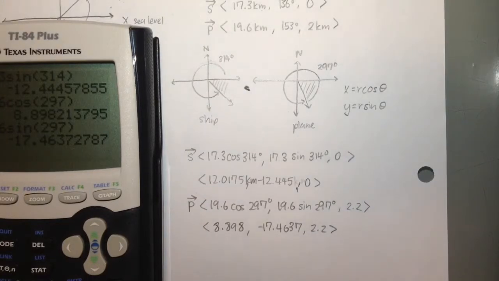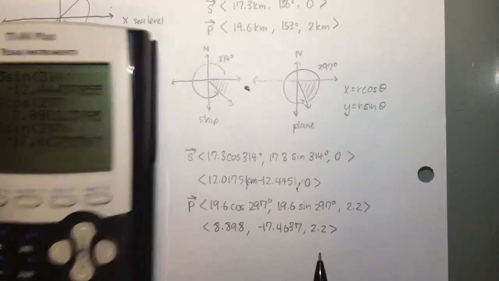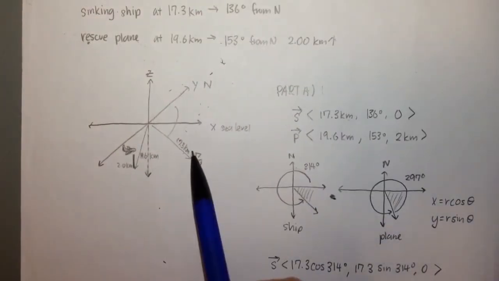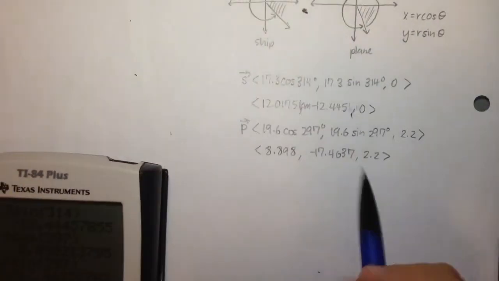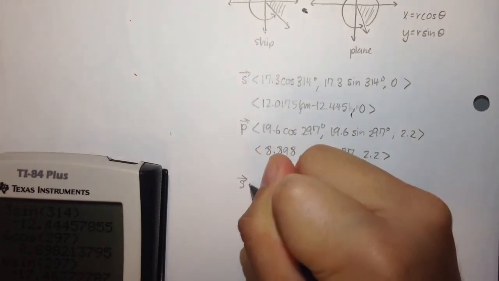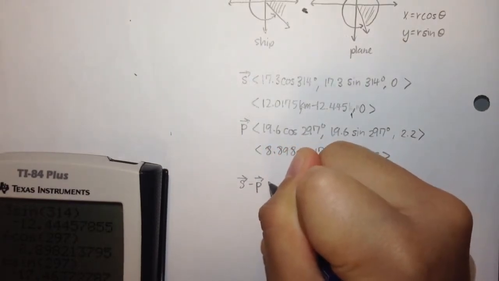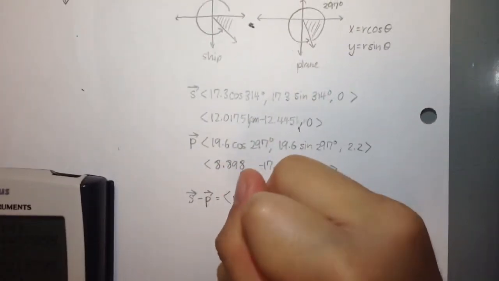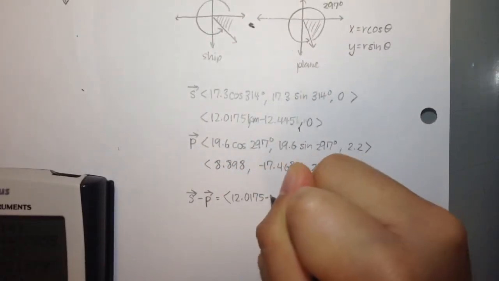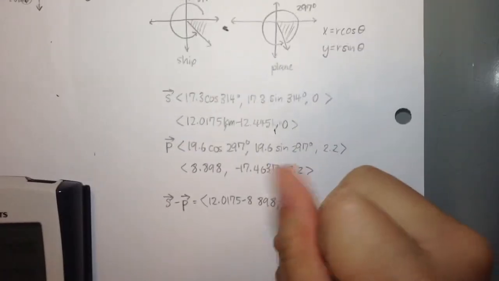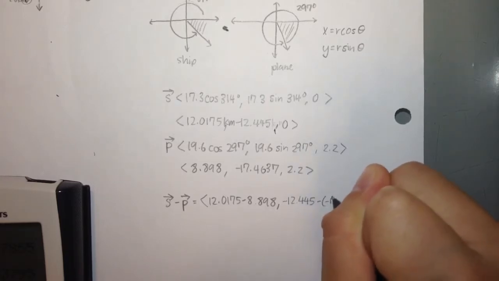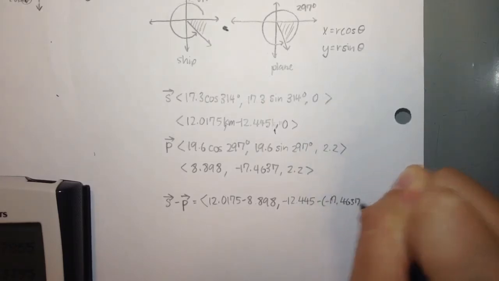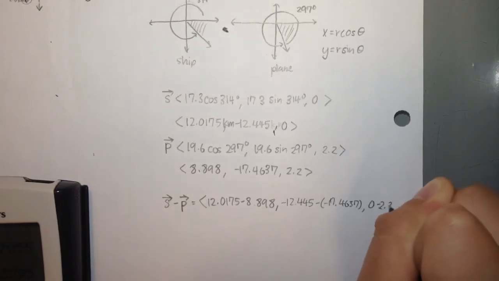So part A of the problem asks us to figure out where the sinking ship is relative to the plane. So basically what this point is relative to here. In order to find that, we basically just want to subtract P from S. So this equals approximately 12.0175 minus 8.898, comma, negative 12.445 minus negative 17.4637, and then 0 minus 2.2.